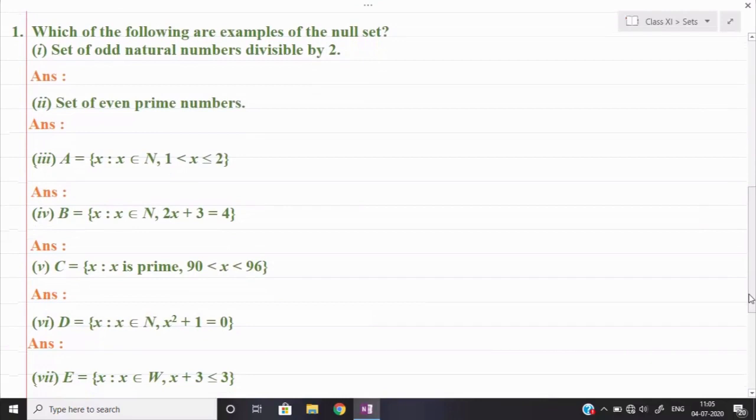First one, set of odd natural numbers divisible by 2. First of all tell me, is there any odd number divisible by 2? There is no odd number which is divisible by 2.